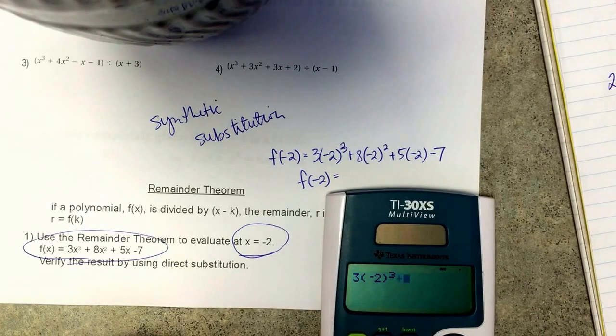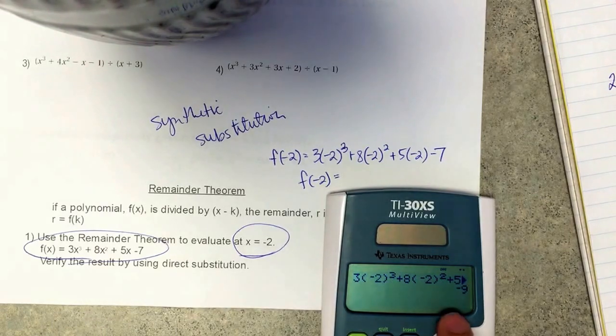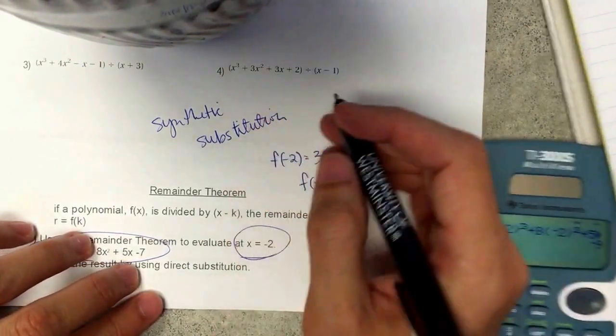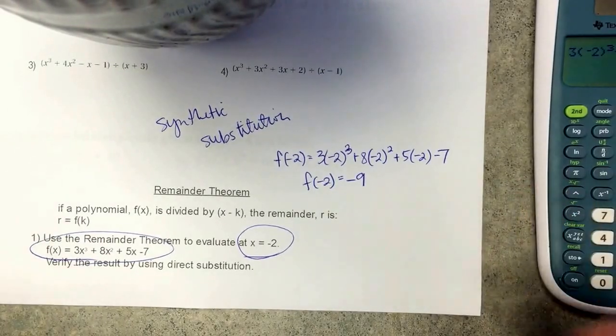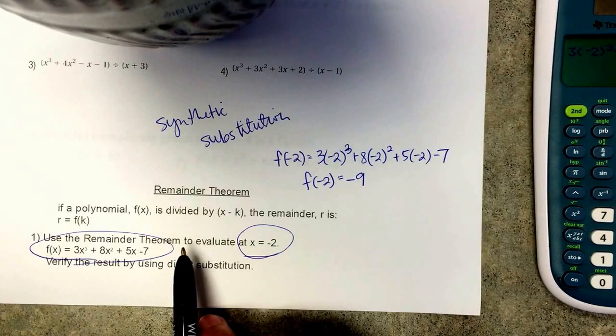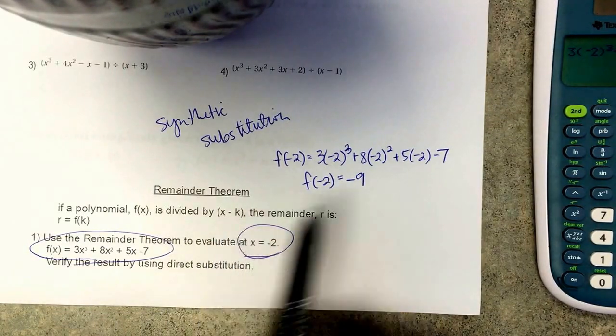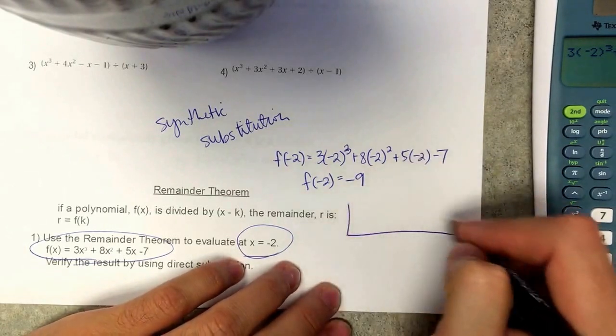Okay, plus 8 times negative 2 squared plus 5 times negative 2 minus 7. Okay, so I get an answer of negative 9. So when I plug in negative 2, I got an answer of negative 9. This theorem says if you do synthetic division using the exact same values, you're going to get negative 9 as the remainder. So let's find out if that's true.